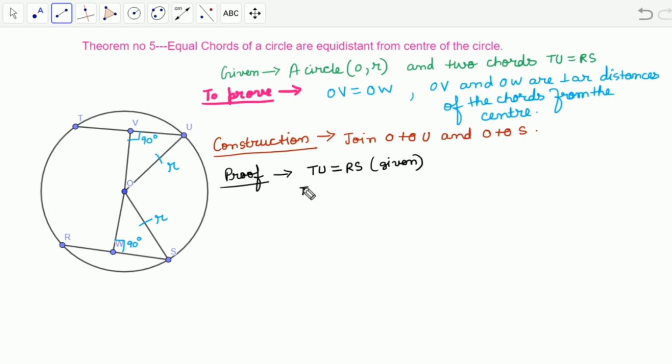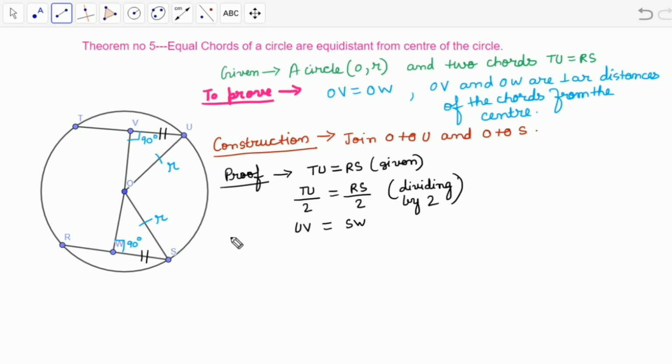So TU by 2 equal to RS by 2, dividing both sides by 2, right? Is TU by 2 equal to UV? Yes. And is RS by 2 equal to SW? Yes, right? That's what we got. We got that this length is equal to this length, right?